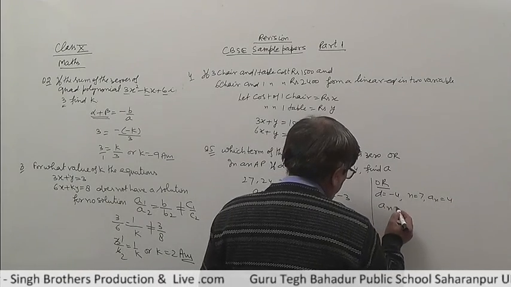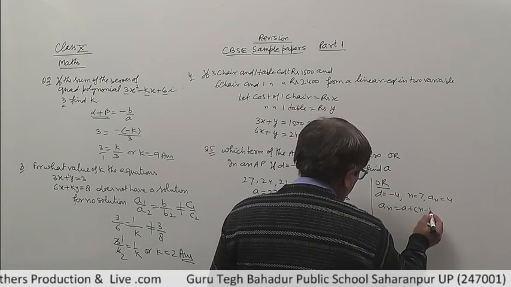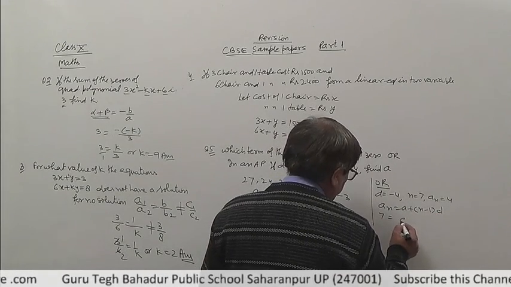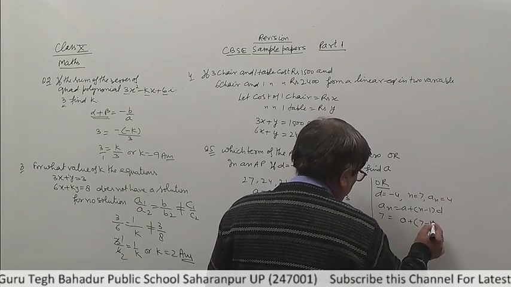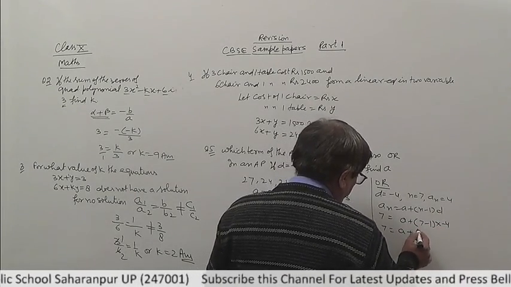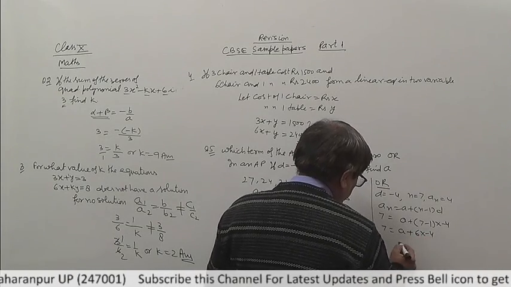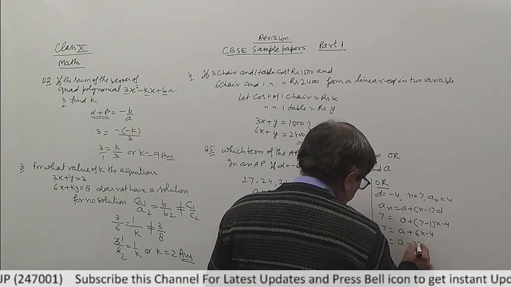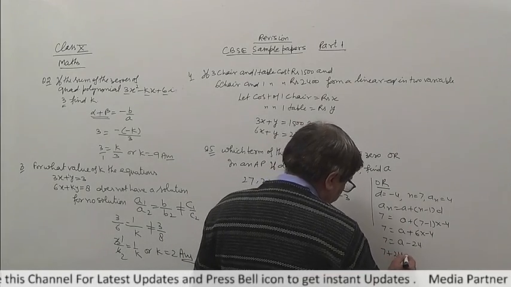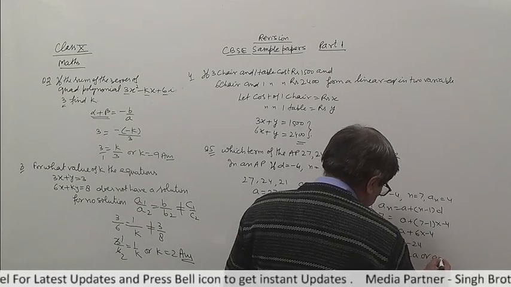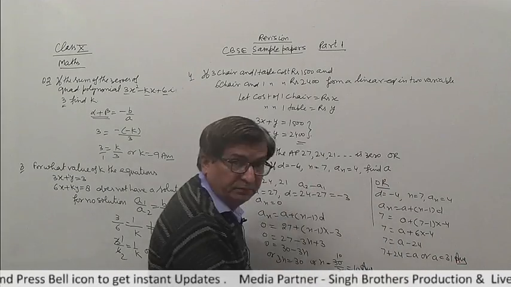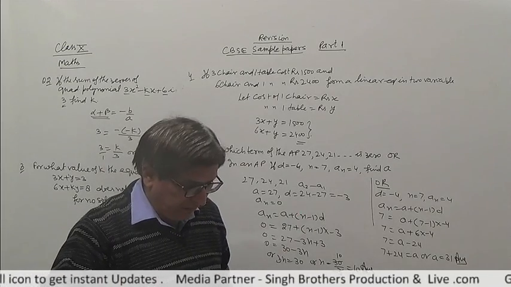So a_n is equal to a plus (n minus 1) into d. 7 is equal to a plus (7 minus 1) into -4. 7 is equal to a plus 6 into -4, a minus 24. Now take it on the left side, that is a, or a is equal to 31, is the answer. Okay, 5 questions are done.